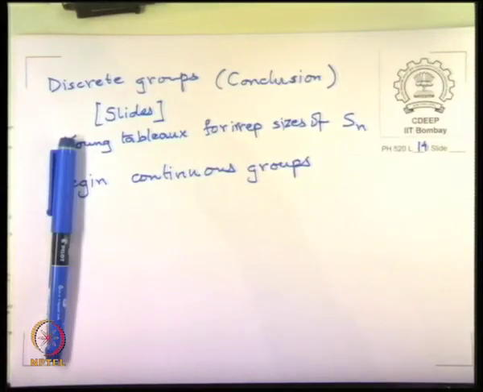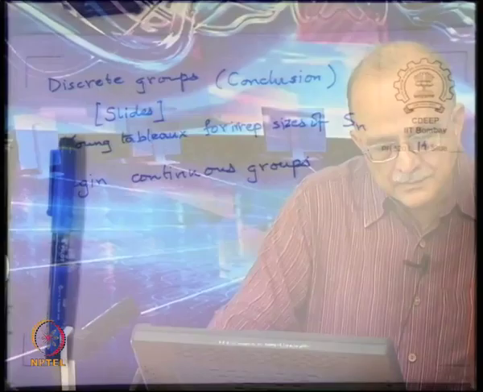I have prepared some slides to do this. The orthogonality main consequence is that the sum of pi times chi squared equals the size of the group.